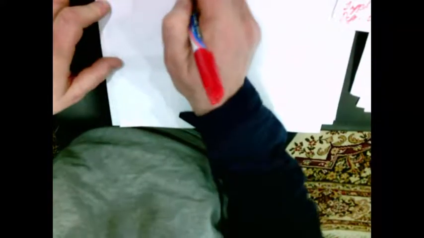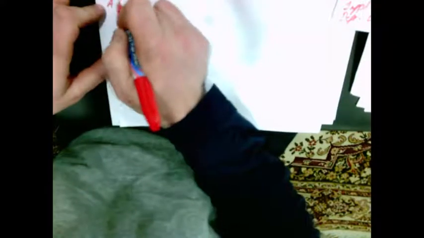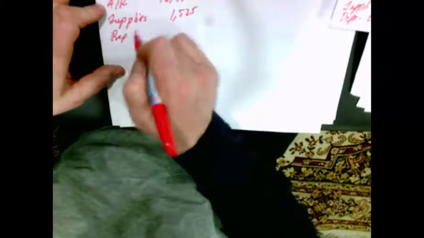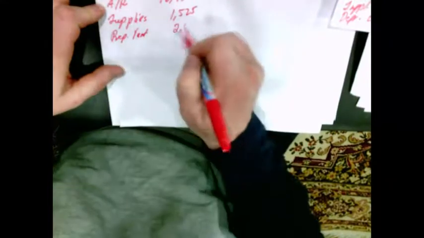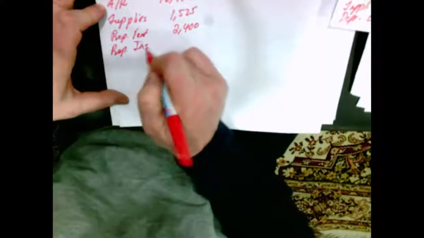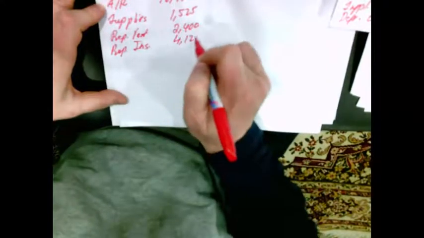So cash 32,450, accounts receivable 16,450, supplies 1,525, prepaid rent 2,400, prepaid insurance 41,125.